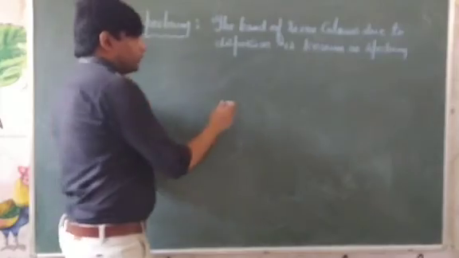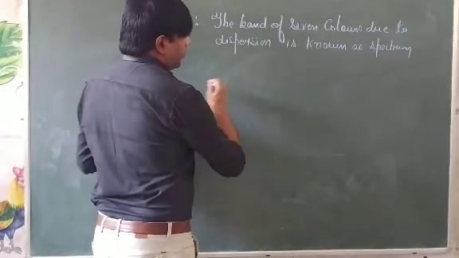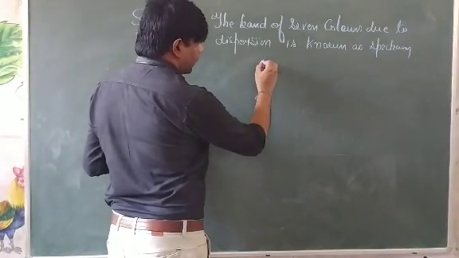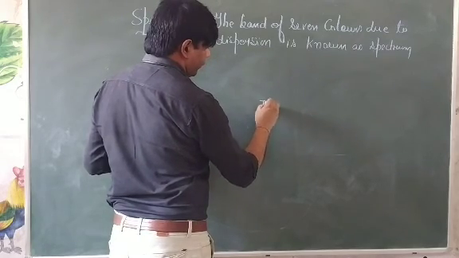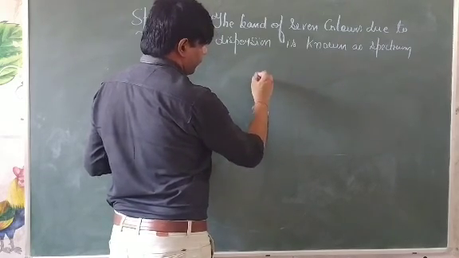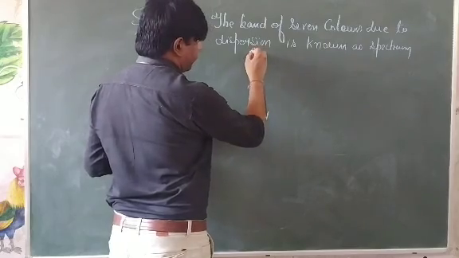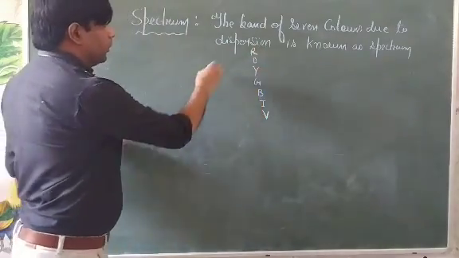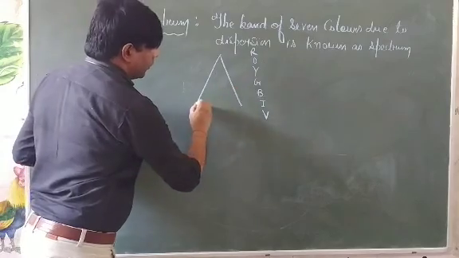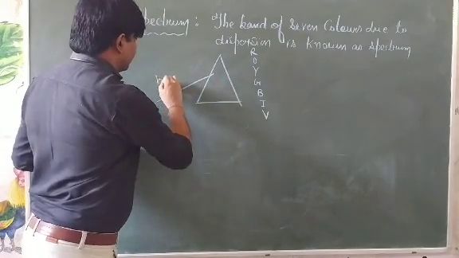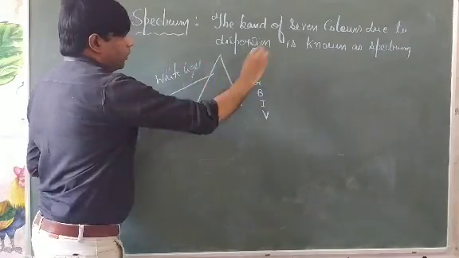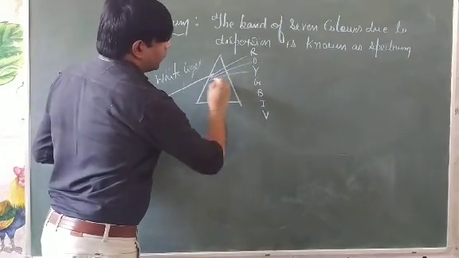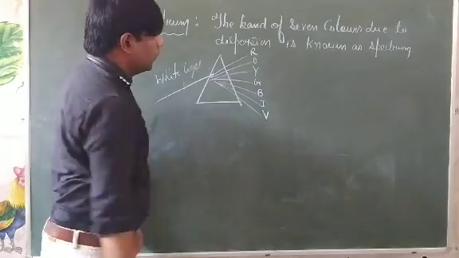We have seen that from the prism, when white light was passed, we got a band of bright colors, right?